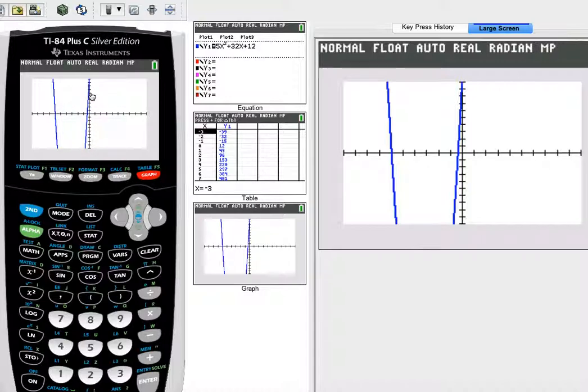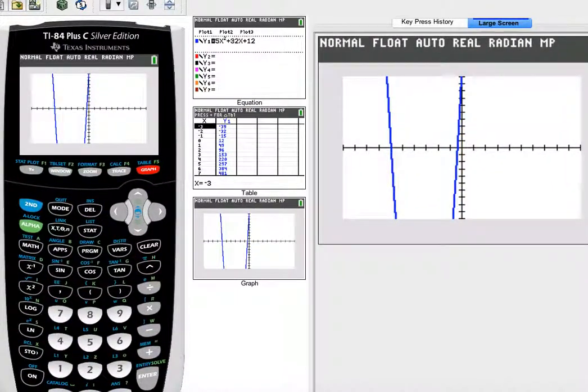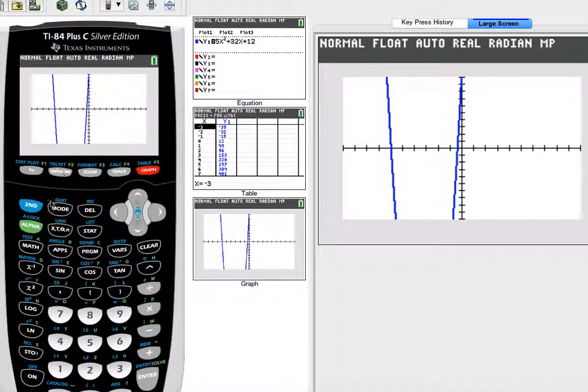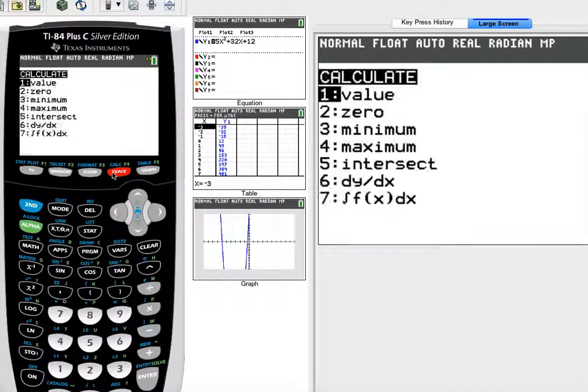So we are going to find that. To do so, we are going to do what's called second calc. So we're going to hit second, then calc, and we're going to go down to 0. Now if you've got the TI-83s, it's called root on that one.